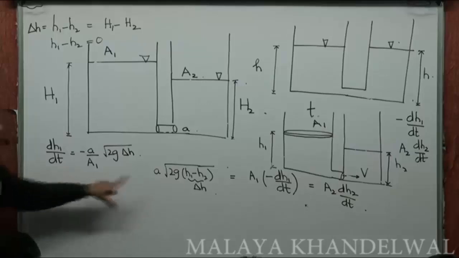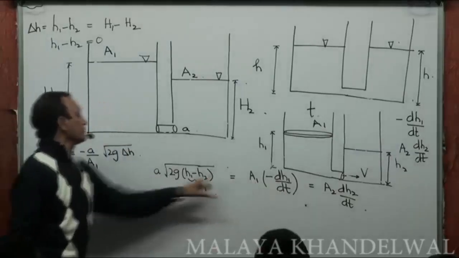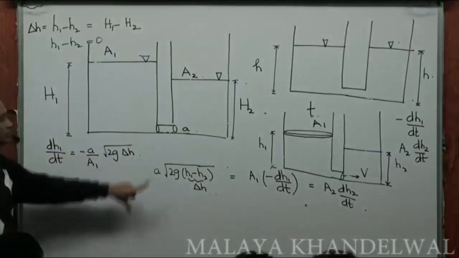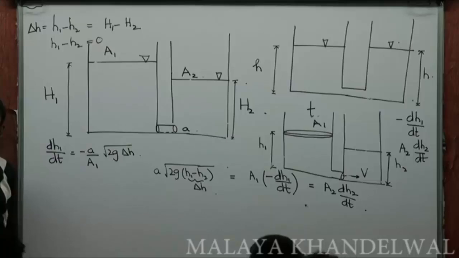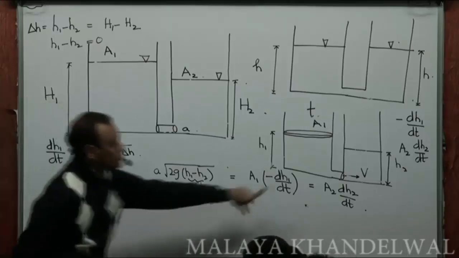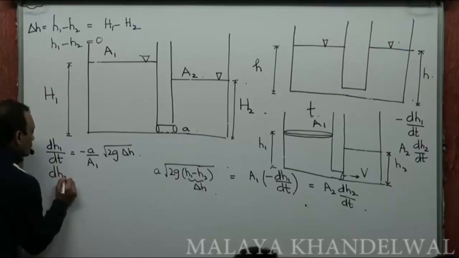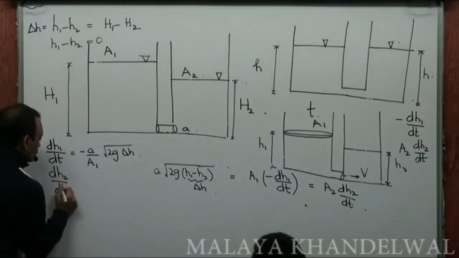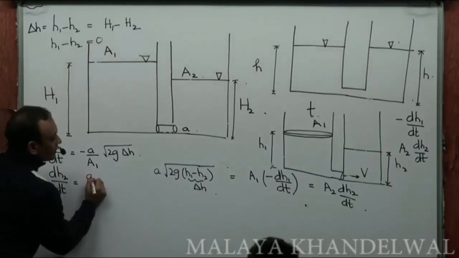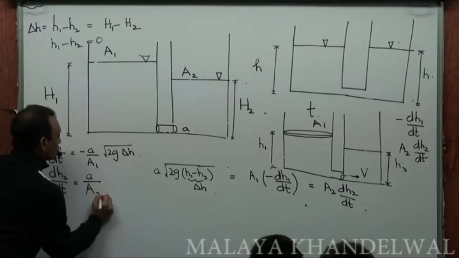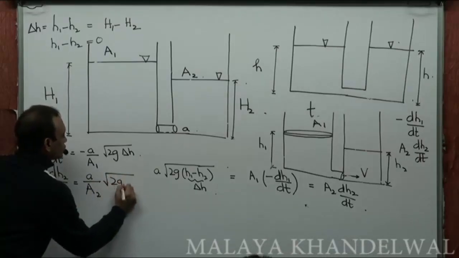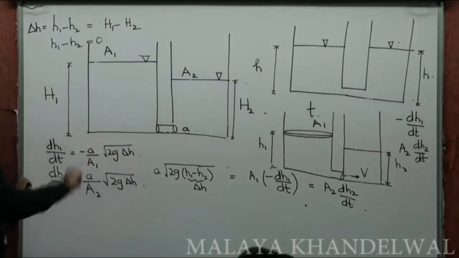Can I say this? Using these two, dh1/dt is a by A1 into this. Can I say this? Now using these two, dh2/dt is a by A2 root 2g delta h. How about it?